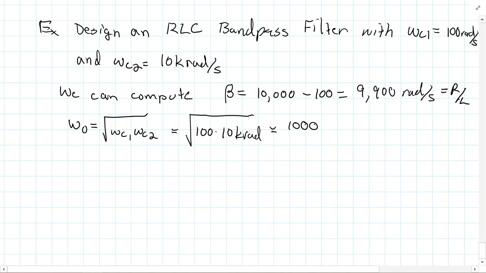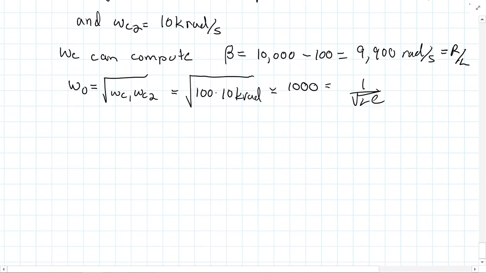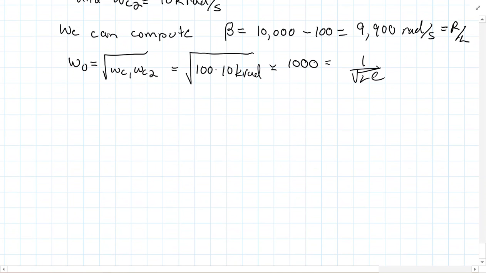And this is where sometimes with these designs of RLC circuits, it's hard to get 100% realistic values for the components here. But we'll see what we can do. So I like doing the omega 0 first, honestly, because this is equal to 1 over the square root of L times C. So, as I said, for some reason I like to start with that one. 1 over the square root of L times C is supposed to be equal to 1,000.